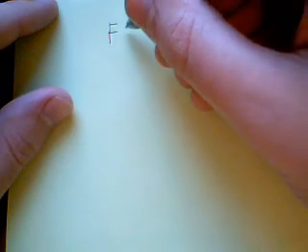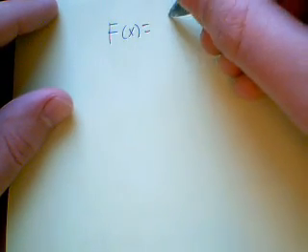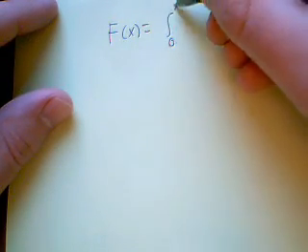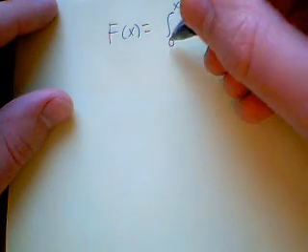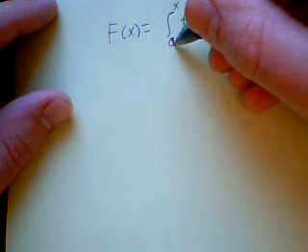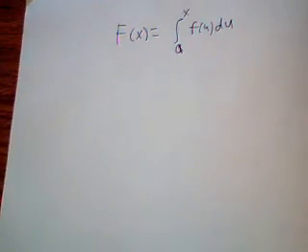Okay, now I'm going to prove the second part of the fundamental theorem of calculus. So, we want to keep in mind that the first part of the fundamental theorem of calculus says that I've got this big F of x equal to some integral from 0 to x of little f of u du, and actually it's not from 0, it's from a, just from some constant to x.